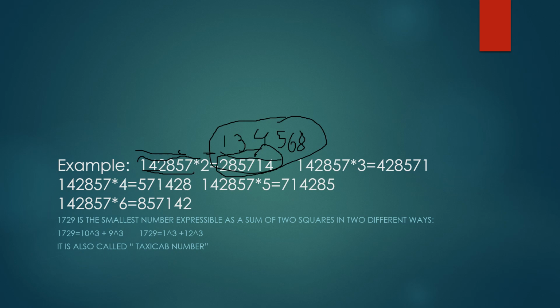Similarly, if we multiply this number by 4, we get 571428, which is again another permutation of this number.